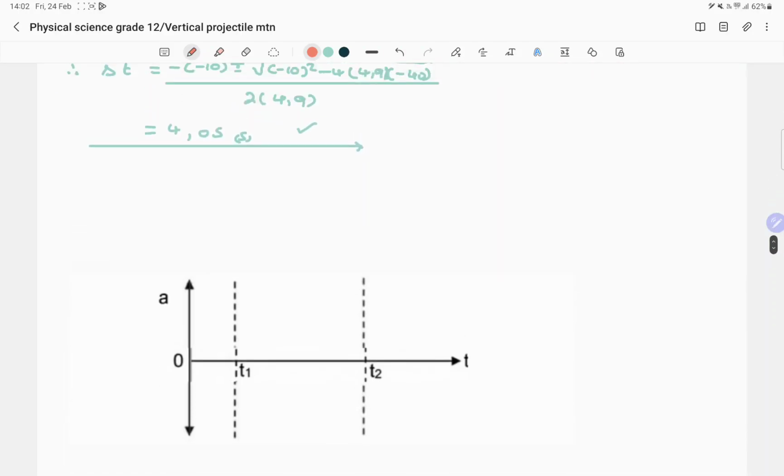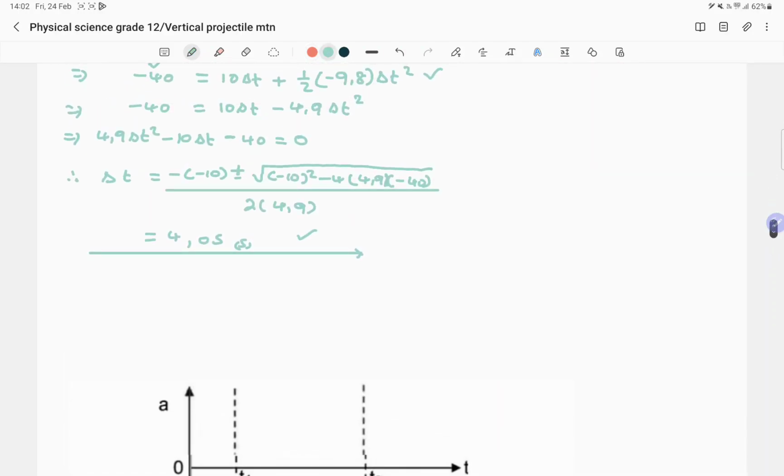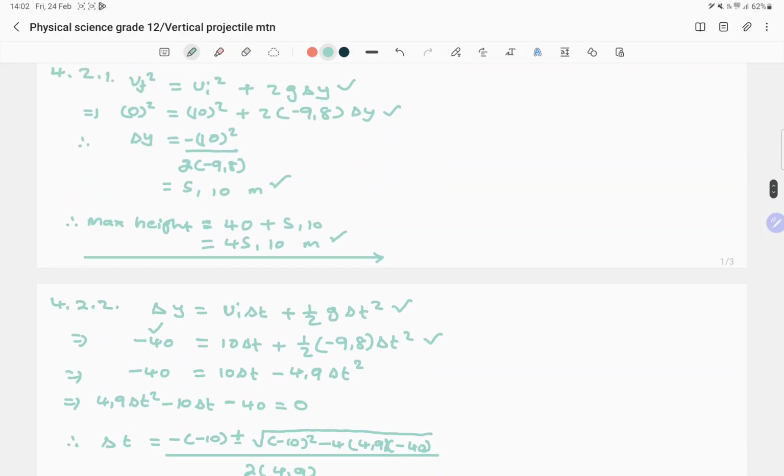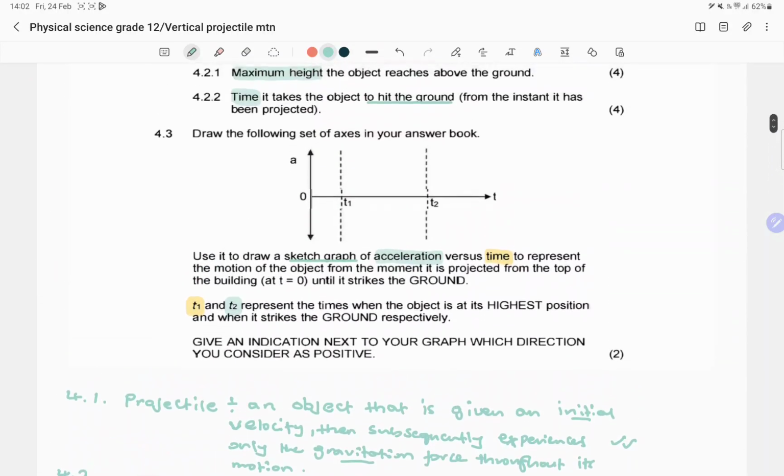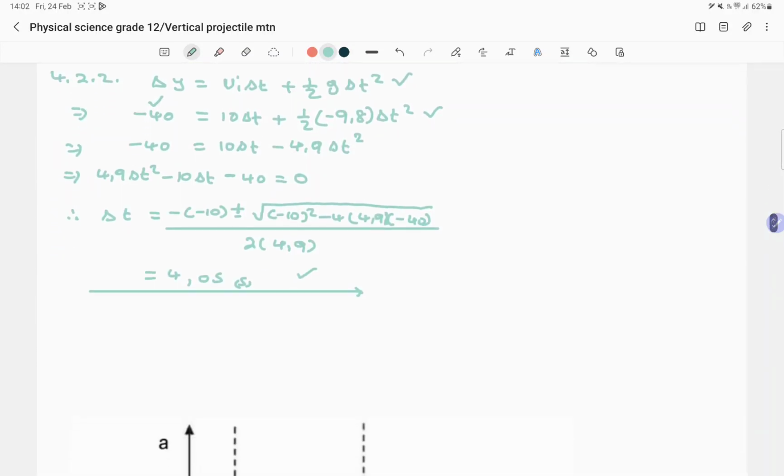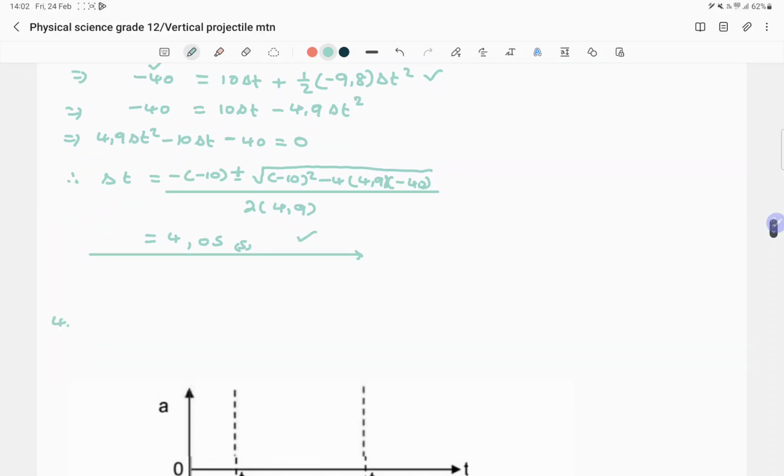So we've already redrawn this one here, so let's first write, this is 4.3, right? Okay, so we know that we're doing an acceleration versus time graph of the object.